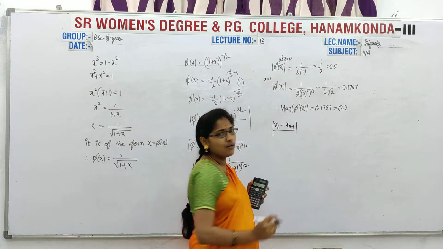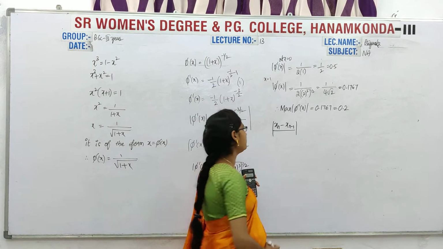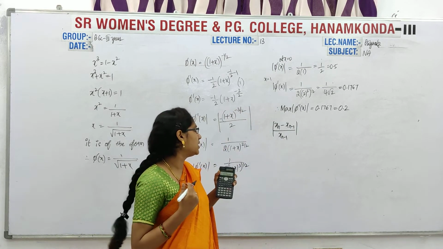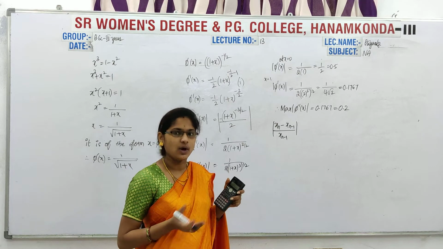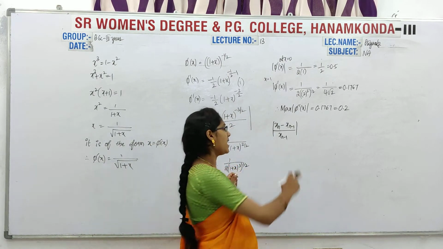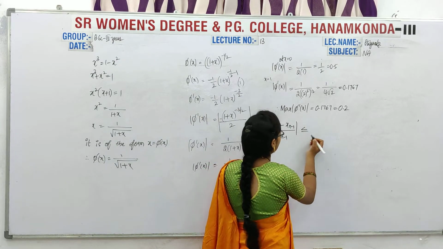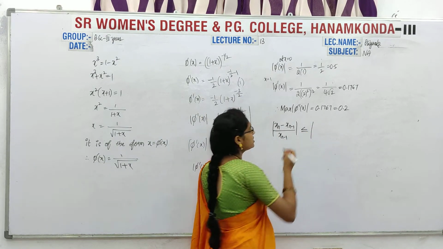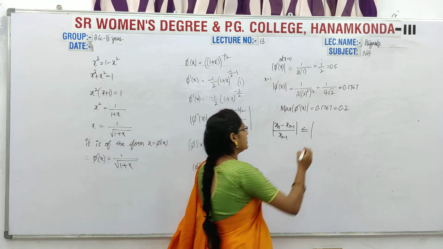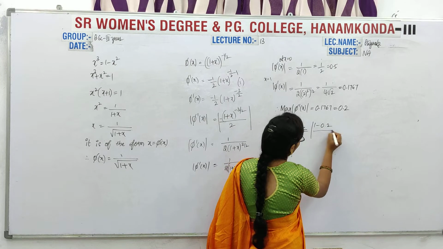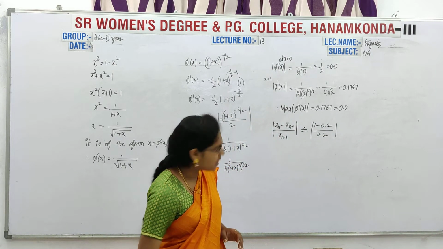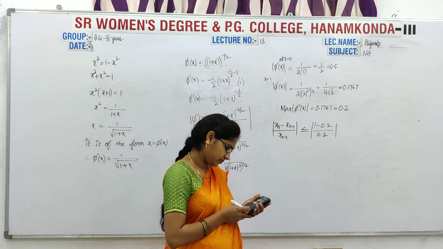Generally we have to take xn minus 1, like x3 minus x2 by x2. We calculated the error, but there we took it into 100%. But I am not taking that one. Now xn obviously is the maximum value, that is 1 minus 0.2 by 0.2. Now what will be the value? Already we calculated it.